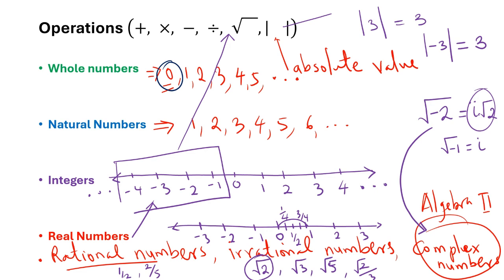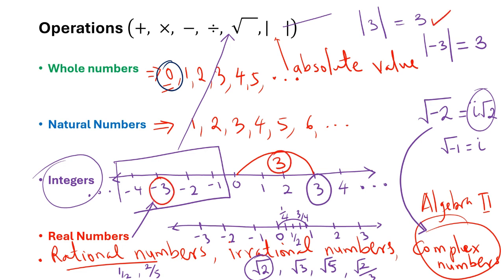So when you talk about absolute value, you look at the number line right here. The number line has integers on it, so you're just looking at the distance of that number from 0. For example, the distance of 3 from 0 is 3 units. So that's why we say the answer here is 3.